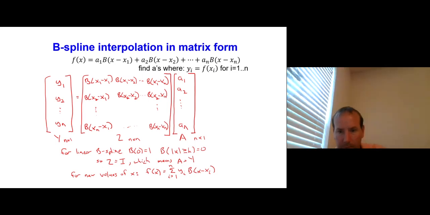So basically, you're going to be plugging in new values of x that you want and running them through this equation.